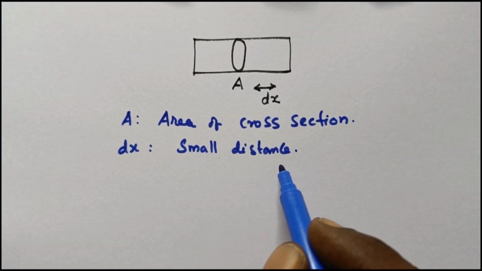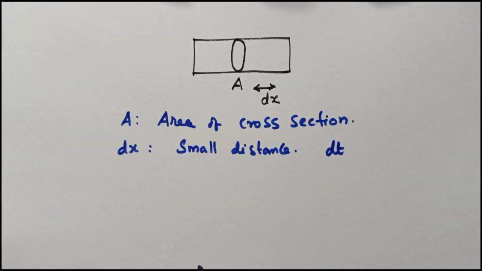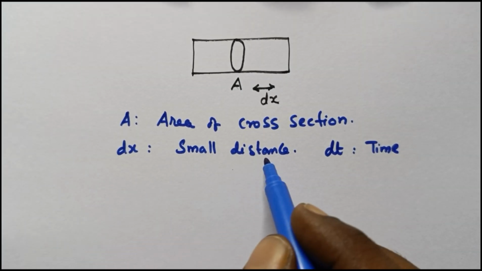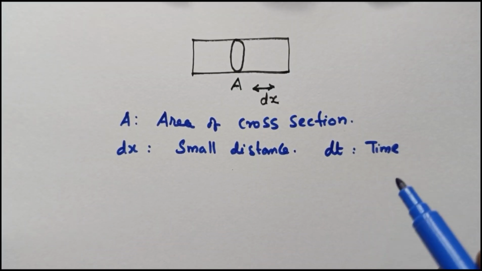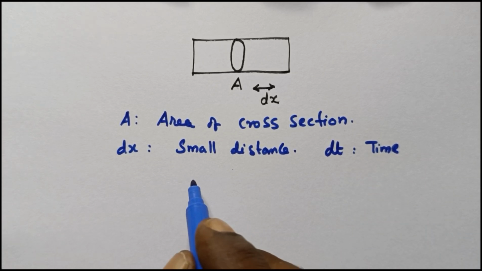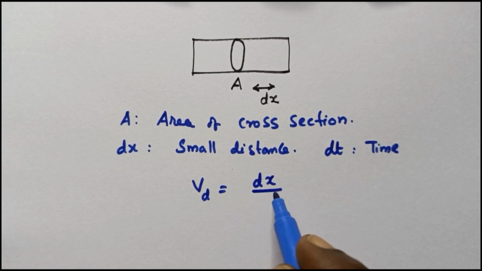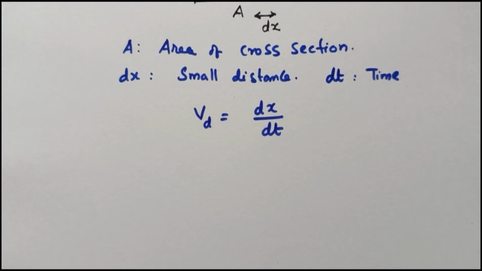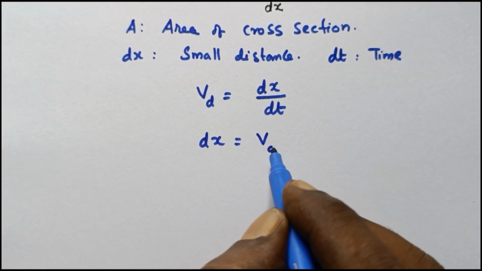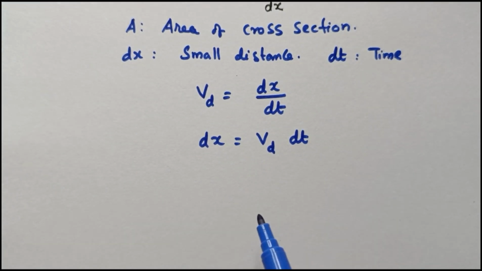So in the small distance free electrons வந்து dt ங்கிற டைமில் ட்ராவல் பண்ணுறதா எடுத்துக்கிறோம். ஸோ dt இஸ் த டைம், dx ங்கிற டிஸ்டன்ஸை dt ங்கிற டைமில் இந்த ஃப்ரீ எலக்ட்ரான்ஸ் வந்து ட்ராவல் பண்ணுறதா எடுத்துக்கலாம். தேர்ஃபோர் velocity is equal to drift velocity is equal to distance by time. Therefore dx is equal to v suffix d into dt. Drift velocity into time.